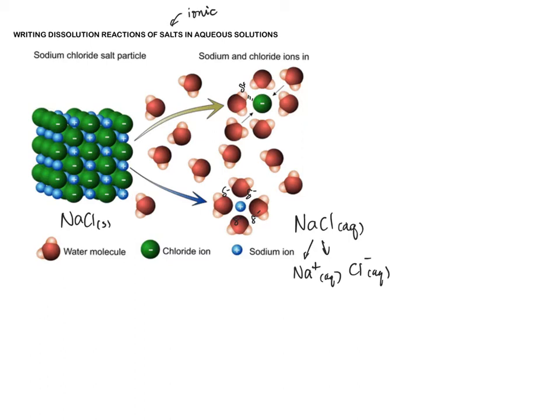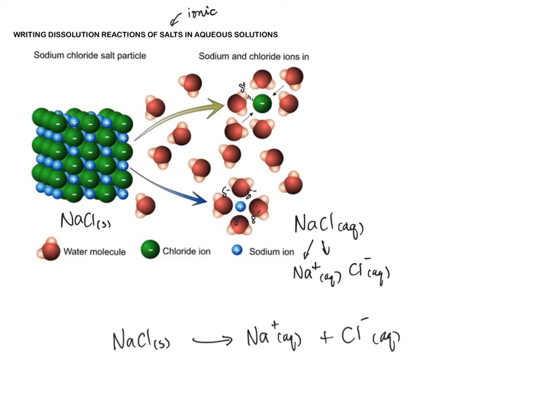Now, the goal really is for us to be able to write dissolution reactions like this. So, sodium chloride solid is dissolved in water, but we will not show water anymore. It can dissolve into its component ions, sodium and chloride.